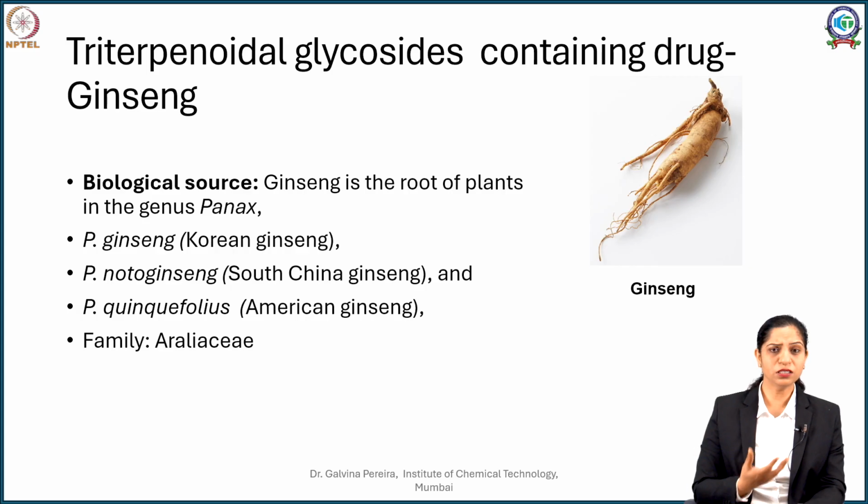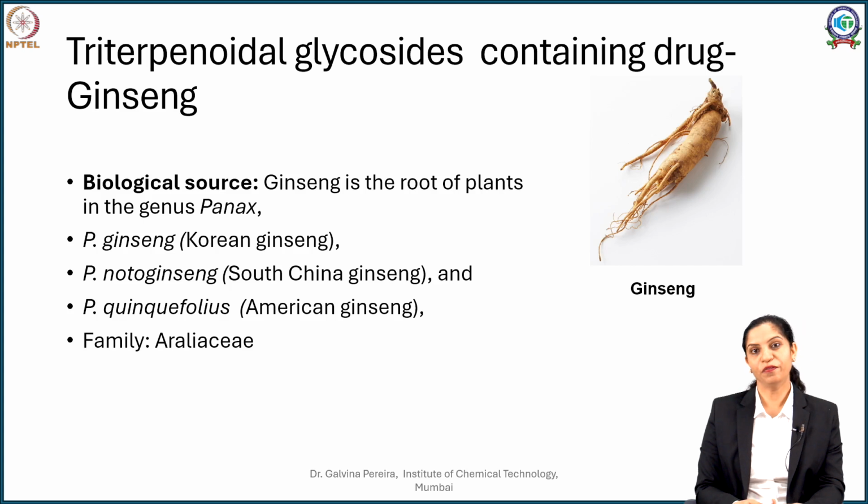Now this is a huge genus, but many subspecies of it show a very good immunomodulatory or adaptogenic effect, and these are Panax ginseng, which is also referred to as Korean ginseng, Panax notoginseng, which is Chinese or South China ginseng, and Panax quinquefolius, also referred to as American ginseng.